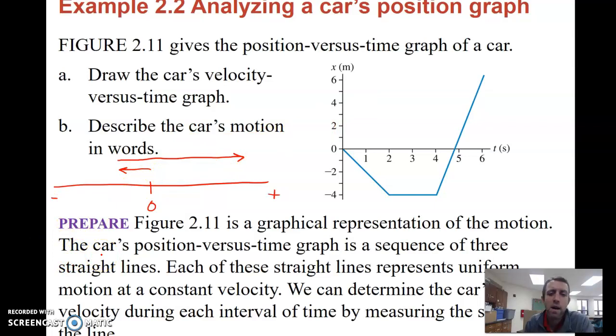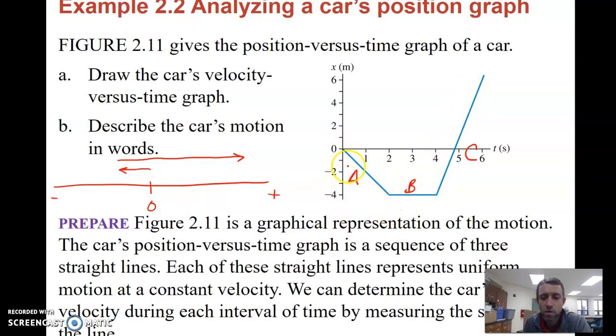All right. So you can read this part, but use the slopes, right? Section, if we call this A, and then this B, and this whole thing, I'm going to label as C, because the slope is constant, and therefore the velocity is constant.